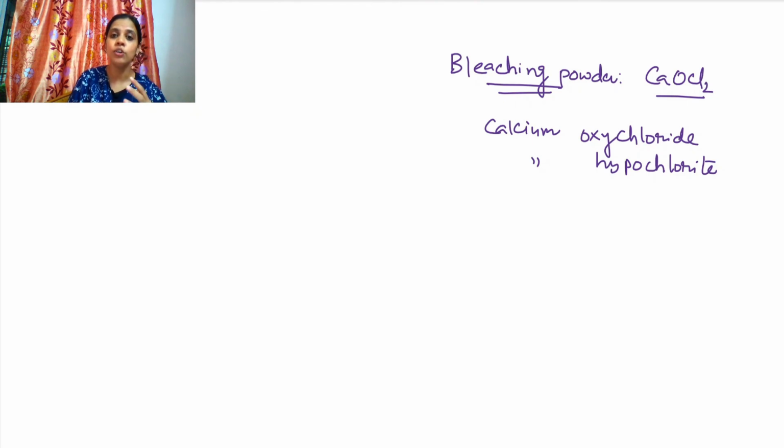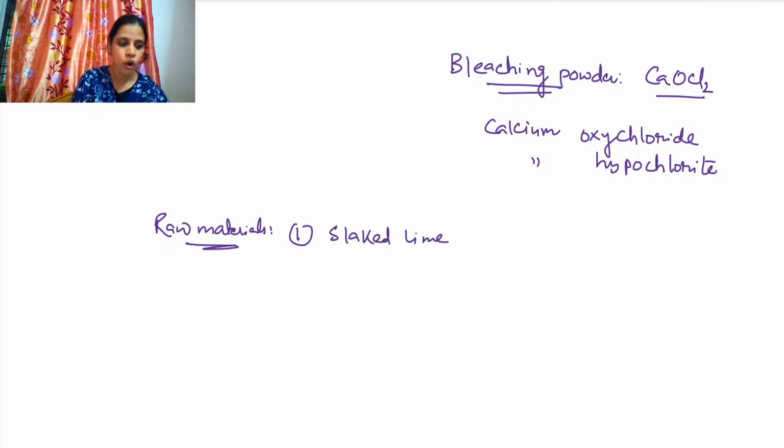And what are the raw materials required for preparing bleaching powder? The raw materials are, one is slaked lime. All of you know the formula of slaked lime. Slaked lime is calcium hydroxide, and the other raw material is chlorine.